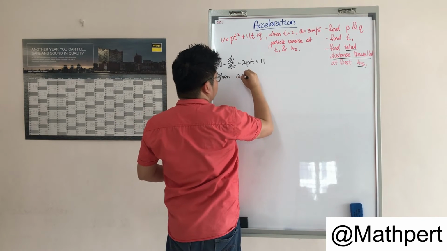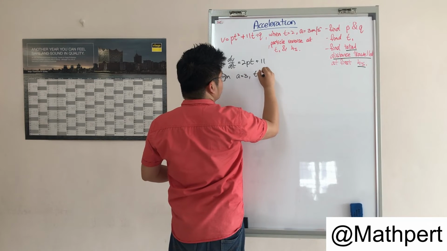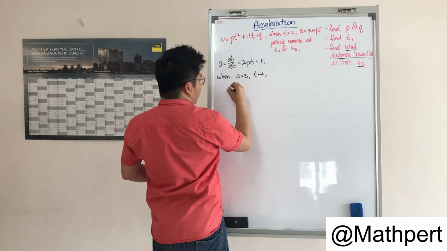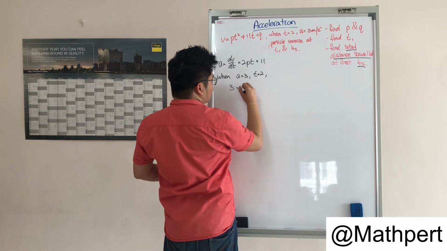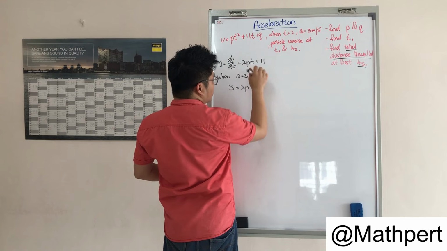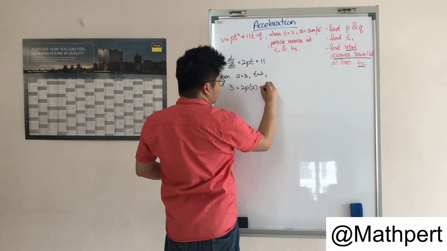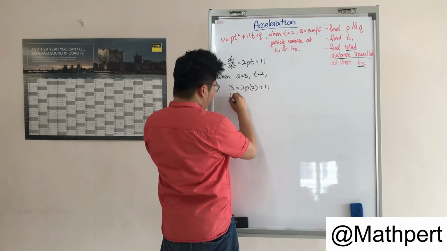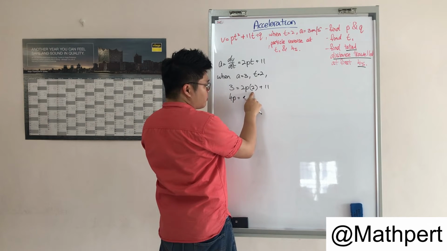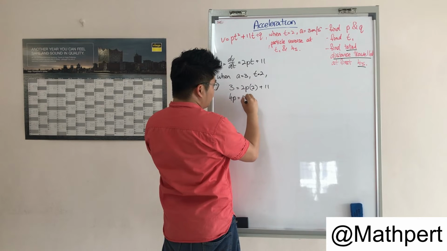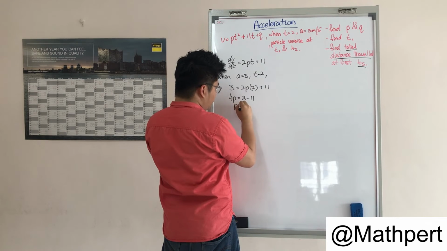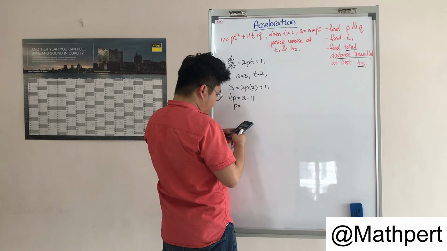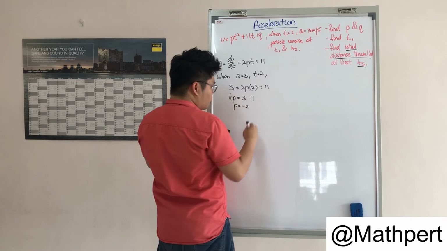When a equals 3, t equals 2, what we get here? 3 equals 2p times 2 plus 11. So we can get 4p, 2 multiplied by 2 gets 4p, 3 minus 11. So p will be 3 minus 11 divided by 4, we get negative 2.